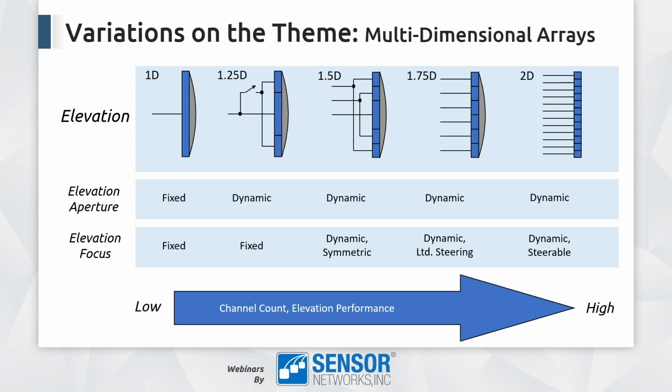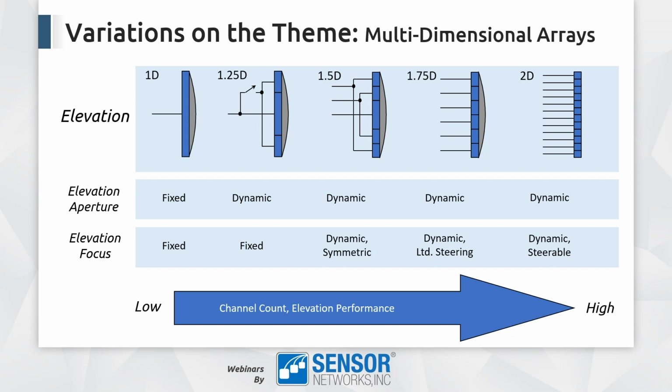1.25D is where there's an active switch in the transducer that turns rows on or off and basically modifies the aperture of the elevation that can be used to move the focus. It's symmetric about the center of elevation, so it cannot steer. This is one that I've seen in medical transducers, but not in industrial transducers, because most industrial transducers don't have any kind of active switching in order to do this.